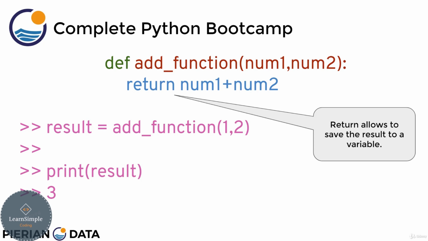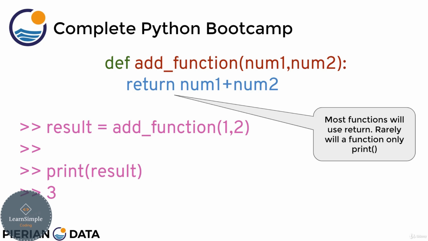So that means when I call add function 1, 2, I'm saying num1 is 1, num2 is 2, and so it's going to, inside of the function, do 1 plus 2, which is 3, and since it's using return, I can now save that result to a variable. So I can say result is equal to whatever add function 1, 2 returns to me. So in that case, if I were to later on print the result or use it somewhere else in my code, it's the number 3. So most functions, as I mentioned, will use return. Rarely will a function only print, and we'll show you examples of both use cases in the Jupyter Notebook.